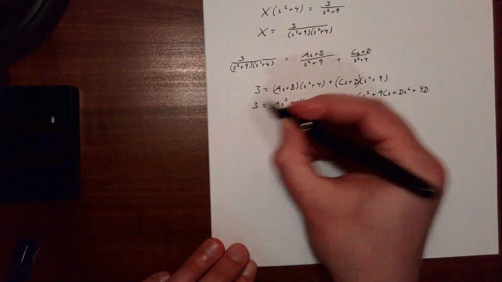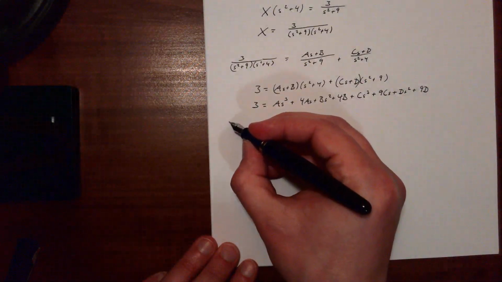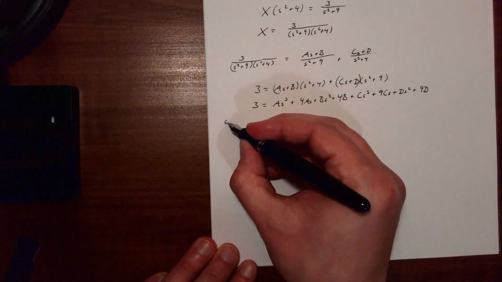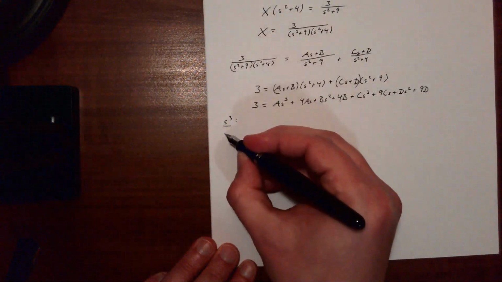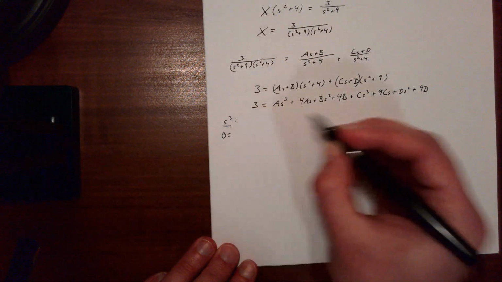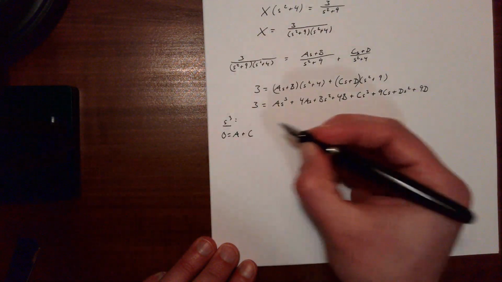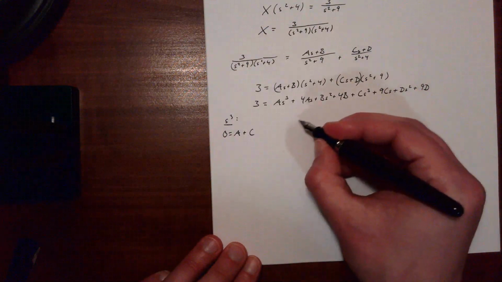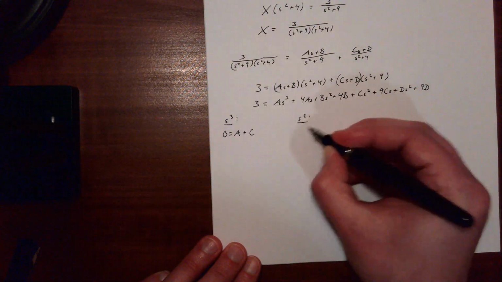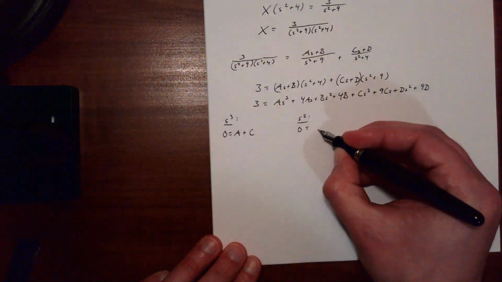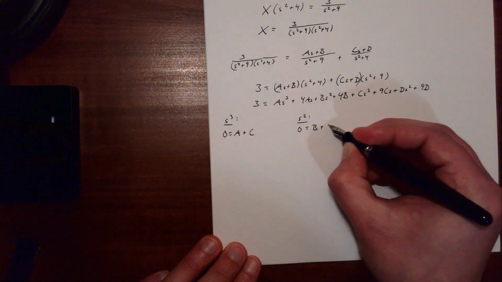That all just equals 3. Now I'll just take the pieces each in turn. So all the s cubed will be 0 on one side, a plus c. All the s squared, 0 on one side, b plus d.